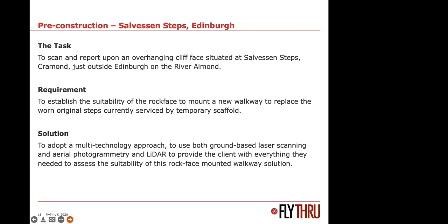So we worked with a survey company who got very wet and decided that they were going to laser scan the rock face. And then we supplemented that laser scan data with photography, photogrammetry, and LiDAR, creating a 3-dimensional model.